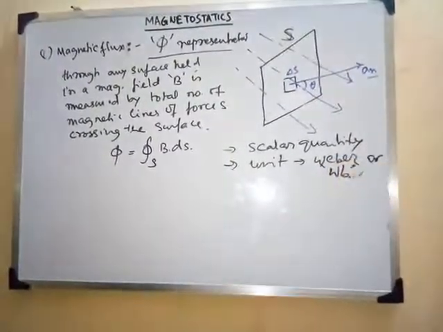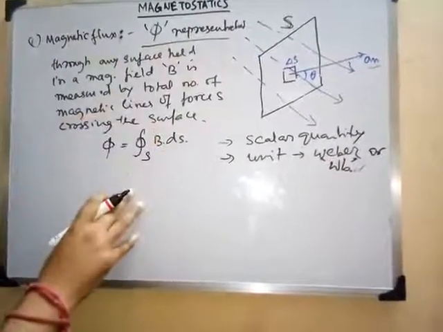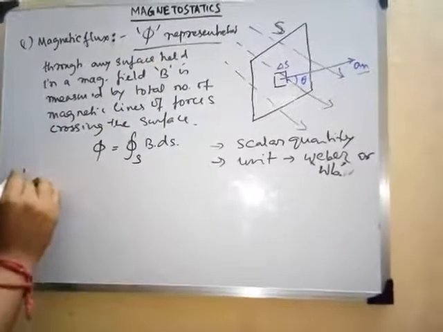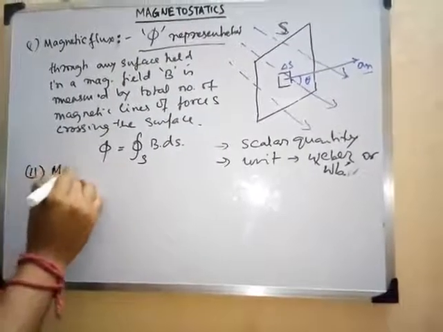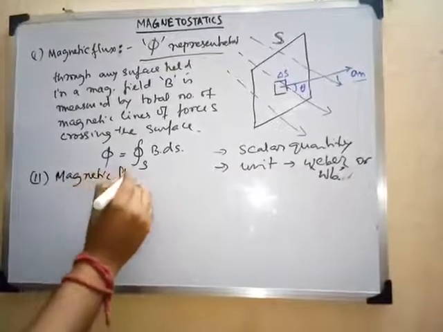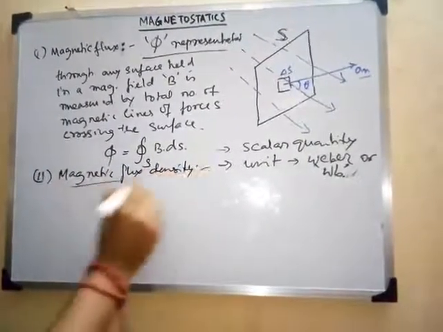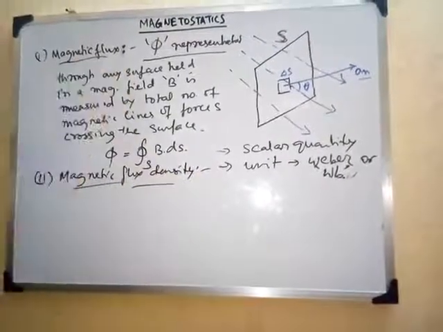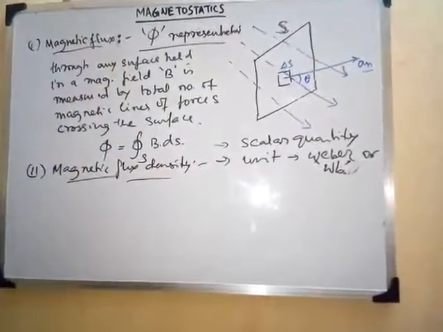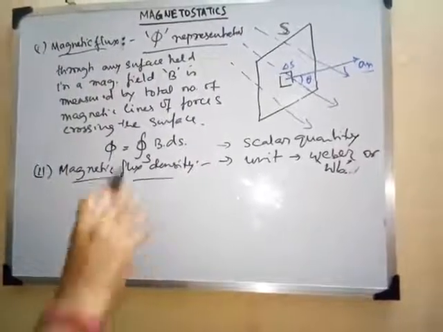After we get this concept of magnetic flux, we come to our next section of discussion, which is magnetic flux density. What is this magnetic flux density? Magnetic flux density is defined as the magnetic flux per unit area.